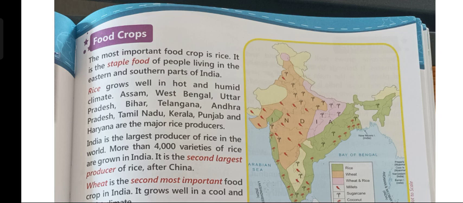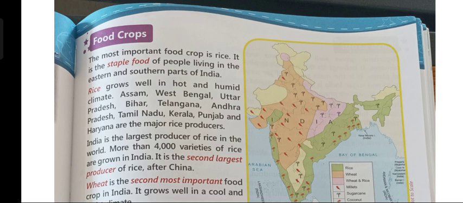So, states like Assam, West Bengal, Uttar Pradesh, Bihar, Telangana, Andhra Pradesh, Tamil Nadu, Kerala, Punjab, and Haryana are the major rice producing states of India. Now, India is the largest producer of rice in the world, and more than 4,000 different varieties or different kinds of rice are grown in India.